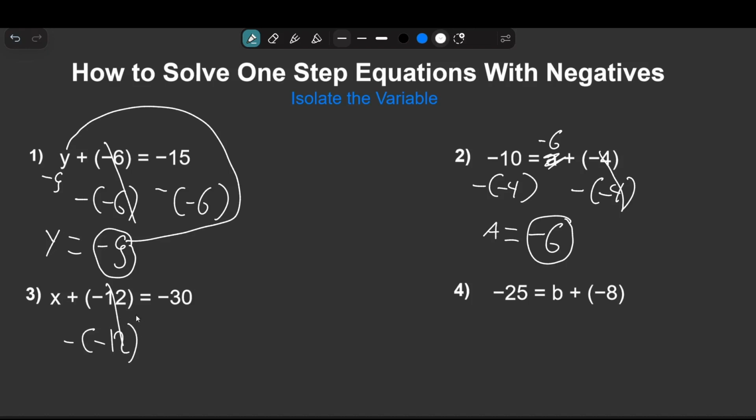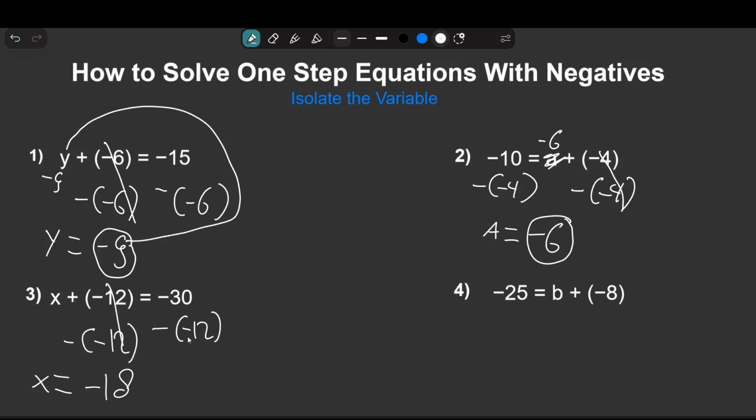This again cancels each other out, so we are just left with our variable. Now we're going to do the same thing on the other side of the equation, like this, minus 12, and minus 30 minus minus 12 will equal minus 18. My bad, guys. Minus 18.